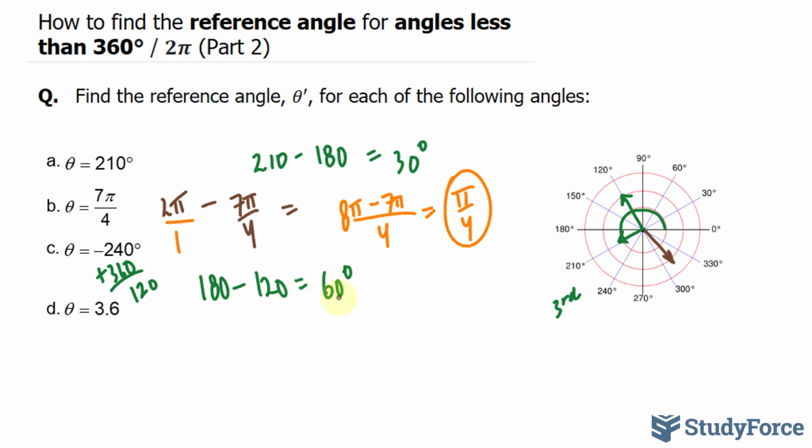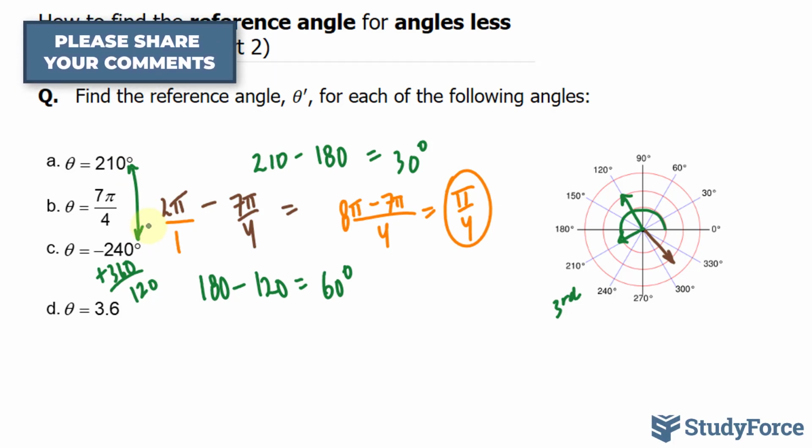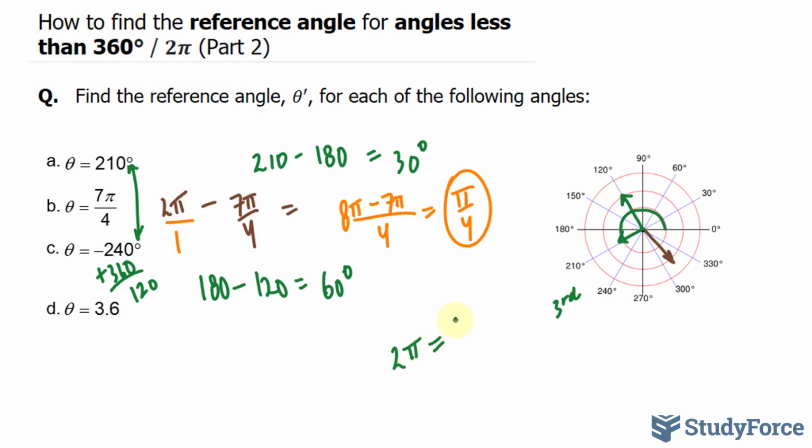Lastly, in question D, we have theta is equal to 3.6. Given that they didn't give us a unit such as the degree symbol, we assume that's in radians. 3.6, well, remember, a full circle is 2 times pi, which is equivalent to 6.28. A half circle is 3.14159, and we all know that that's pi. 3.6 means that it's just a little bit more than 3.14, therefore we can assume that it's in this third quadrant.